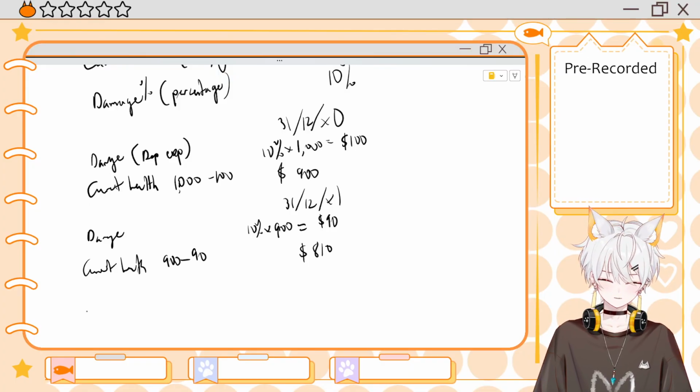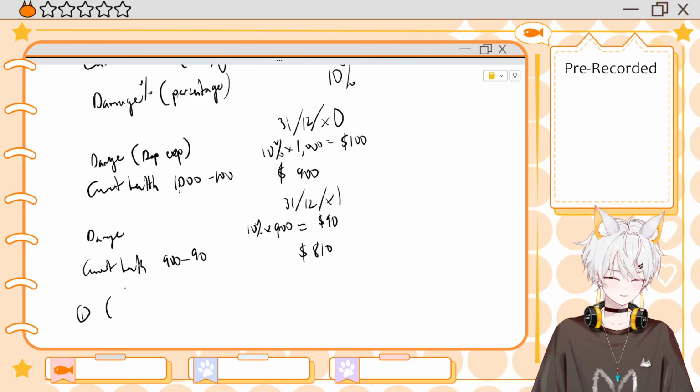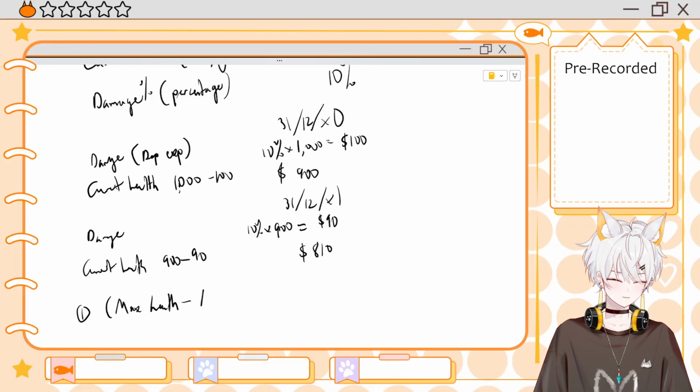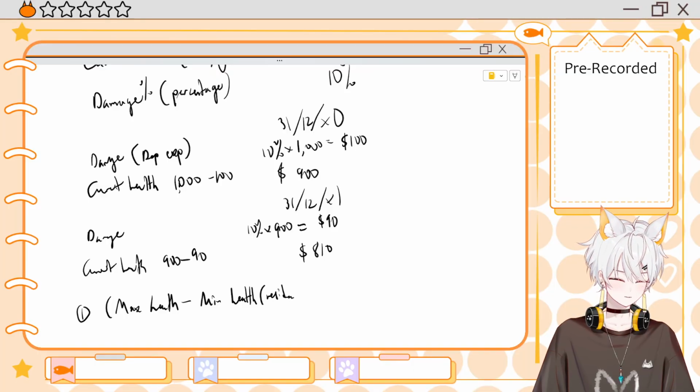For method one, in game terms, it is max health minus your minimum health, which is your residual value, divided by the number of useful lives, which is the number of turns.